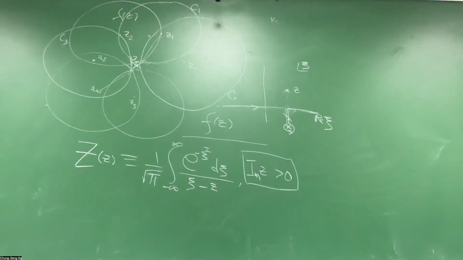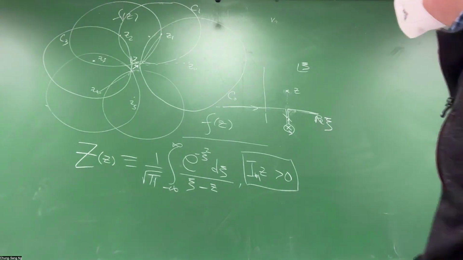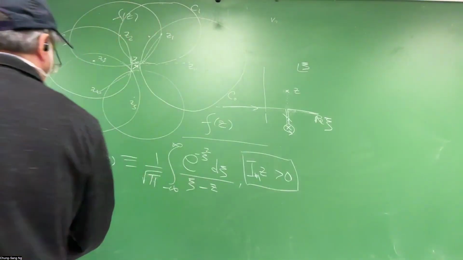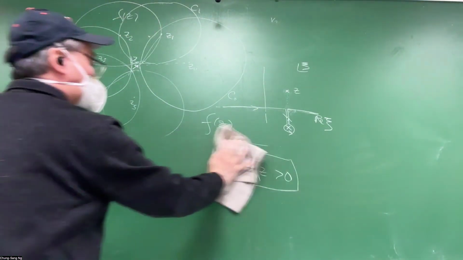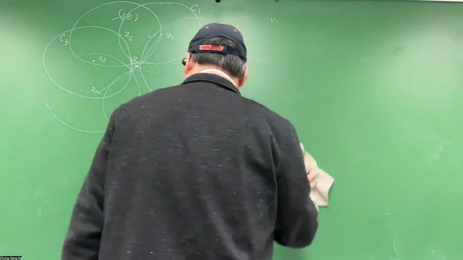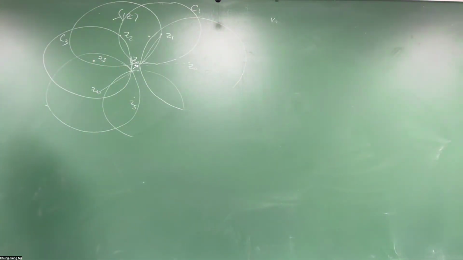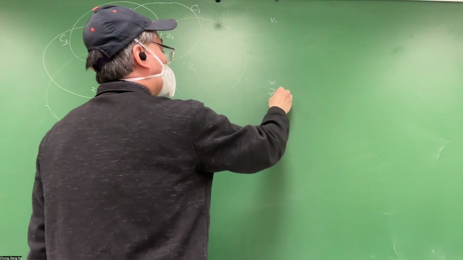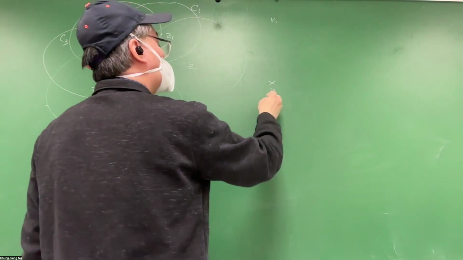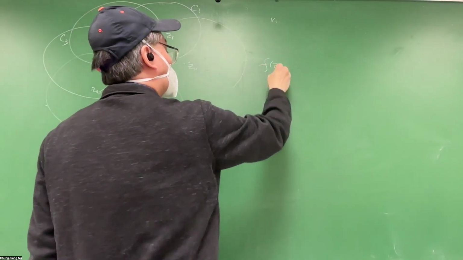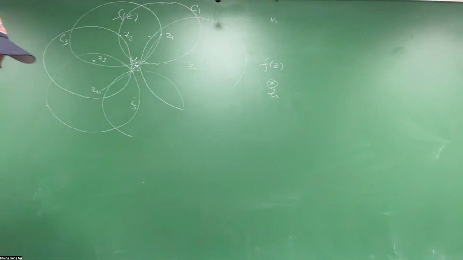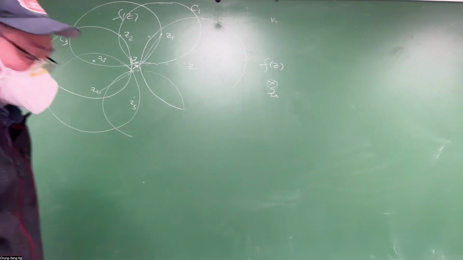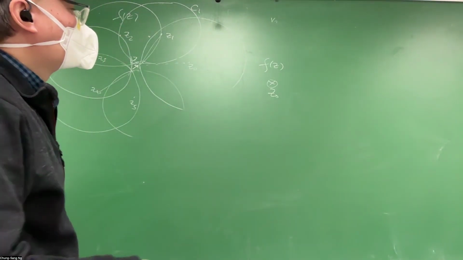Now going back to the residue, which you already mentioned: if you have an isolated singularity, especially a pole with a certain order, the function is defined outside the singularity over an annular region.